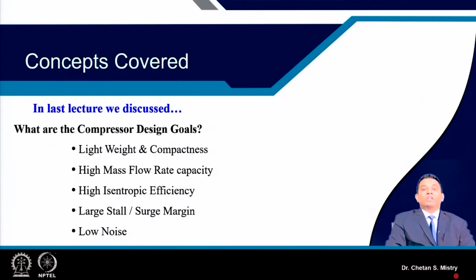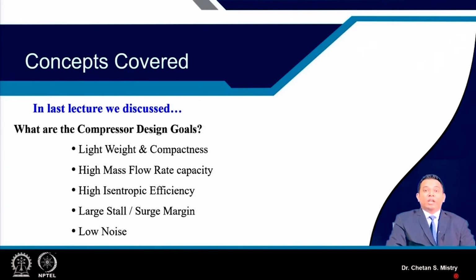That may be the constraint where we are applying this compressor. Suppose we are talking about the application of commercial engines, there we may not have such kind of limitations, but if we are talking about fighter aircraft, we will have constraints with the diameter. In the same way, for an industrial compressor, the diameter of the rotor or the casing may not be a constraint for us.